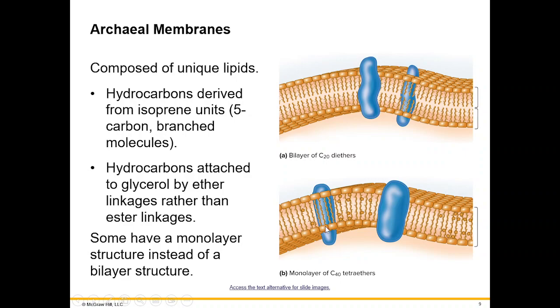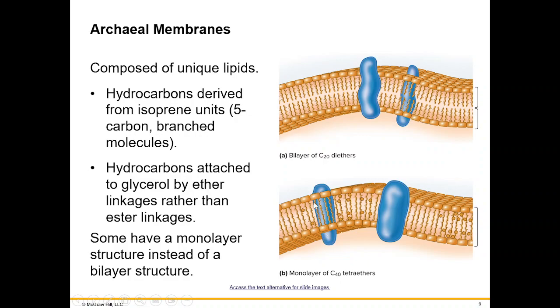Another form of plasma membrane for the archaea is not exactly a bilayer, but rather a monolayer, with a long tail again, or rather a longer chain of hydrocarbons, because it has similar length to this bilayer structure, but this is just one molecular structure.